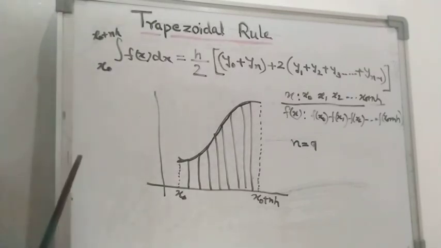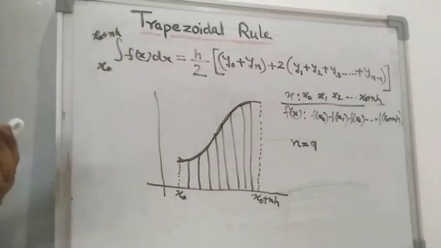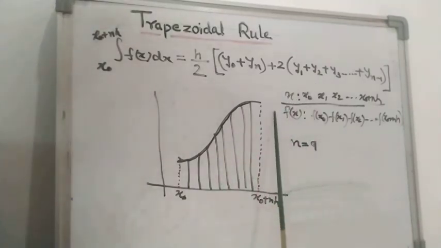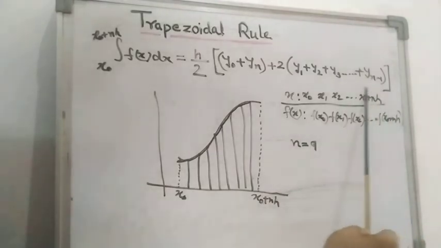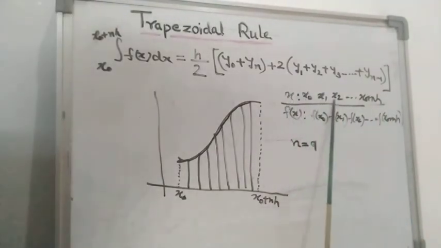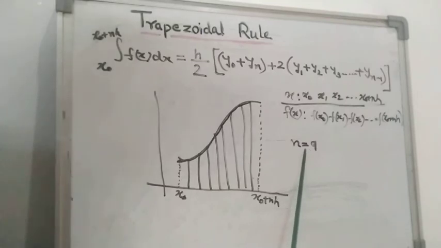So the conditions of validity of the trapezoidal rule are that f(x) should be approximated by a polynomial of degree 1 and the arguments must be equidistant. Whenever we get such a table, first we need to check whether the arguments are equidistant or not, and then we need to check the n value. N is what?